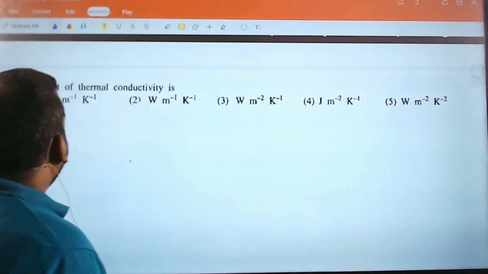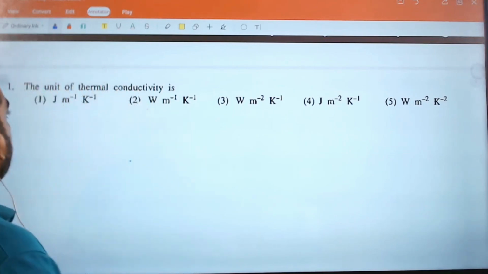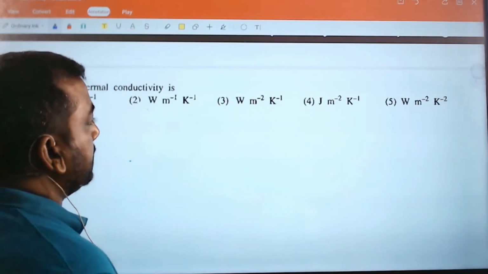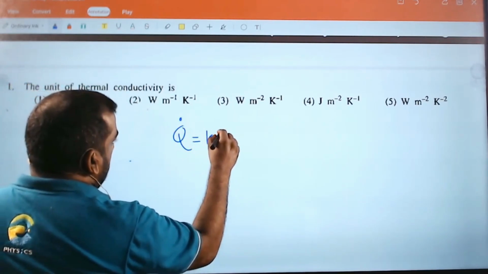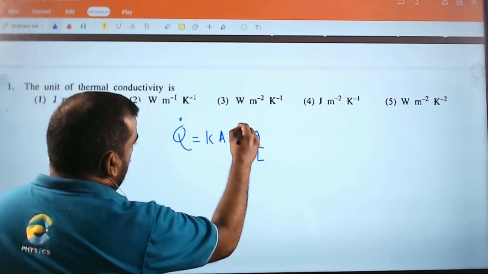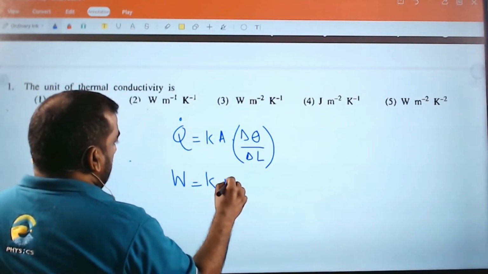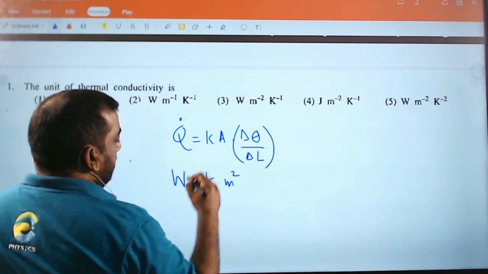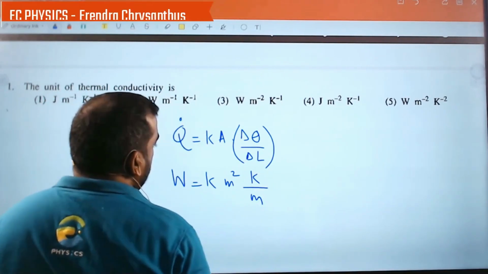Let's start with the unit of thermal conductivity. So you all know the basic equation: K times A delta theta over delta L. Here, area is meter squared, change in temperature can be in Celsius or Kelvin, and length is meter.